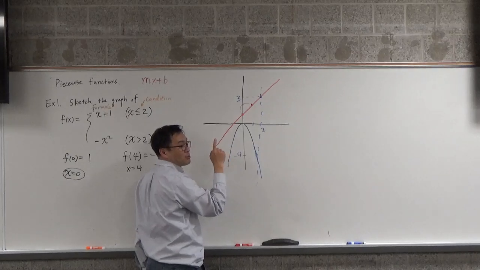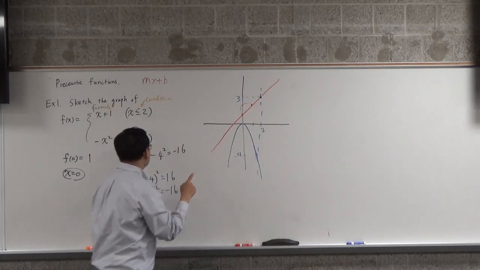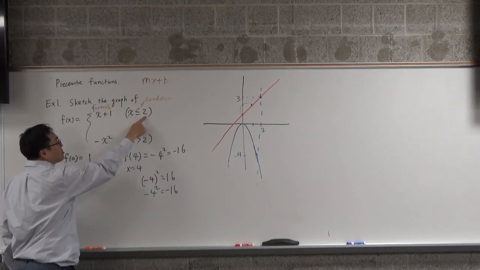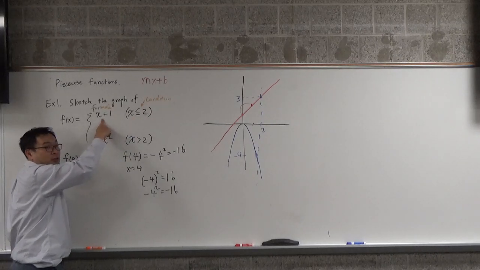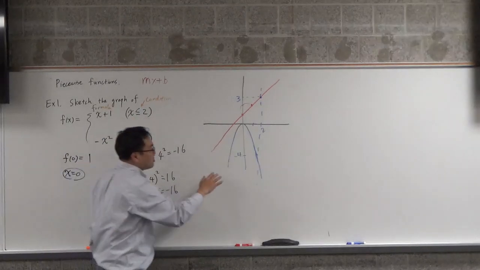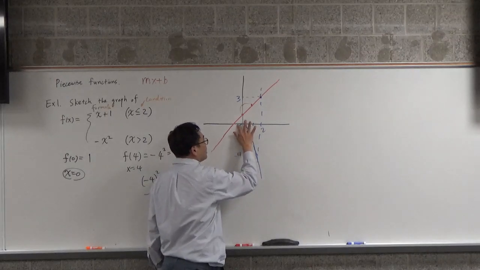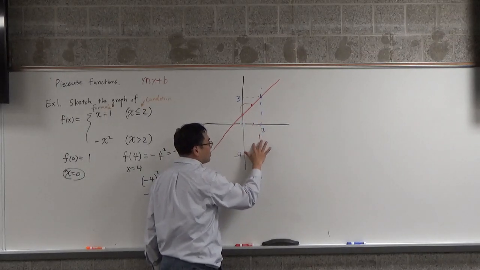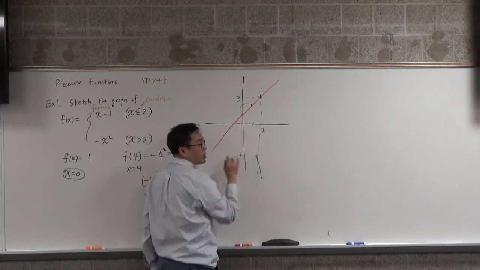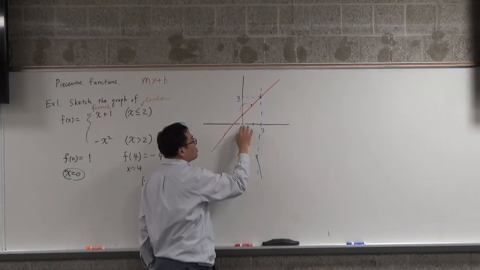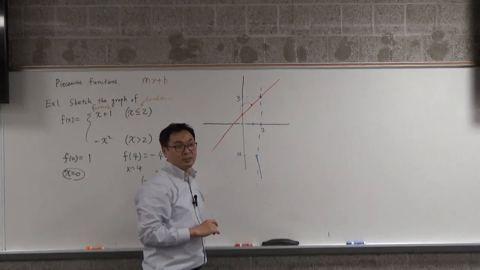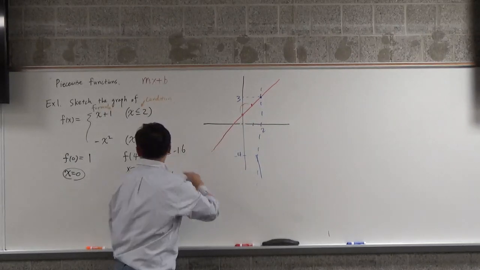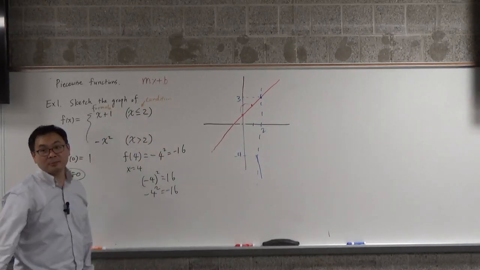We get rid of negative x squared, because when x is less than 2, it's the x plus 1 that we follow, right? So we delete the negative x squared until you hit negative 2, okay? And then we keep the line because this one is x plus 1, right?